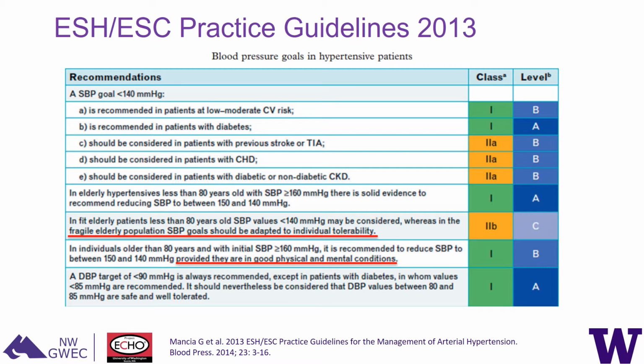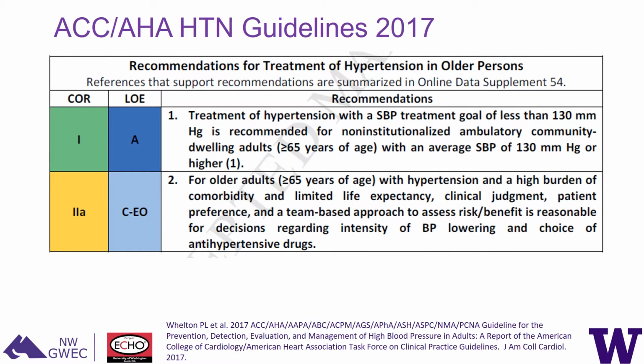And if you go into the American guidelines, the ACC and AHA guidelines that I started off the discussion with, they talk about that too. If you dive in and look at those guidelines, they talk about non-institutionalized ambulatory community-dwelling older adults, calling that out specifically because they based so much of their recommendations on the SPRINT trial, and that's the population that was excluded from the SPRINT trial.